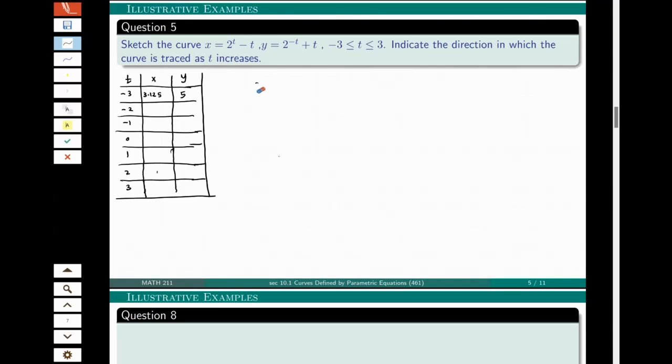Now, if we substitute minus 2, we'll get 2 raised to the power minus 2 plus 2, which is 2 and 1 quarter, which is 2.25. If we substitute minus 2 for y, it will be 2 raised to the power 2 minus 2, which is 2.